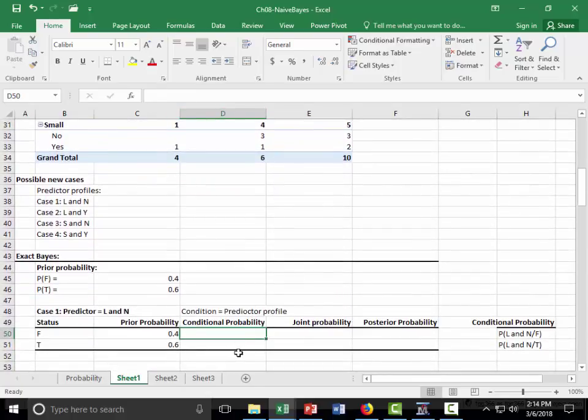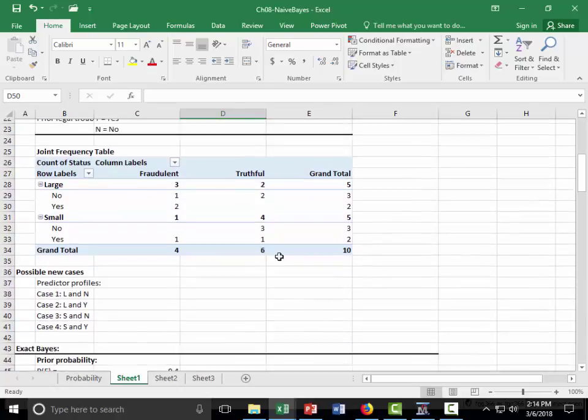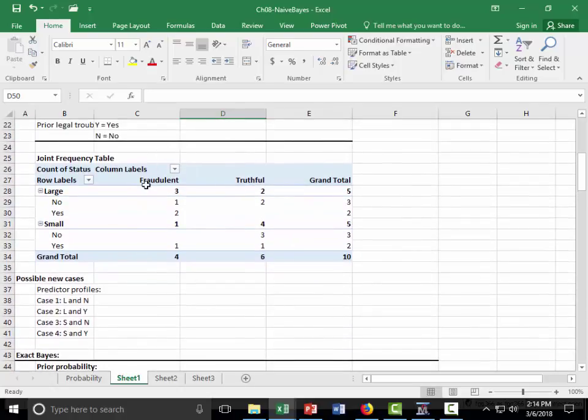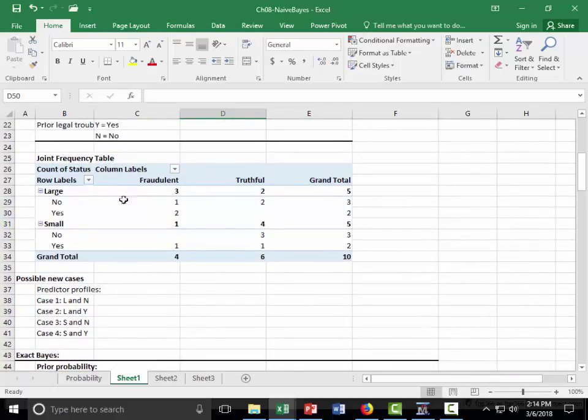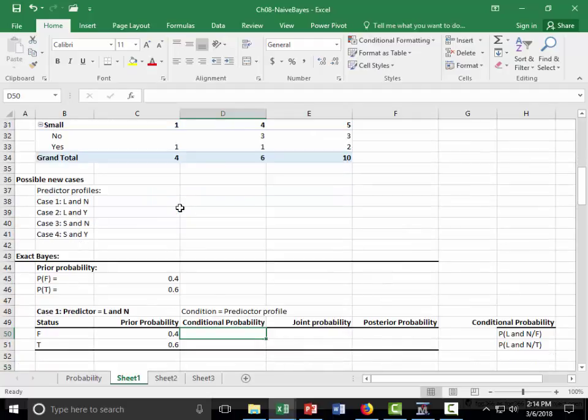The first one is given it is fraudulent. Now our sample space has shrunk to just that column. Given fraudulent, we want the probability of L and N. L and N is that cell, C29.